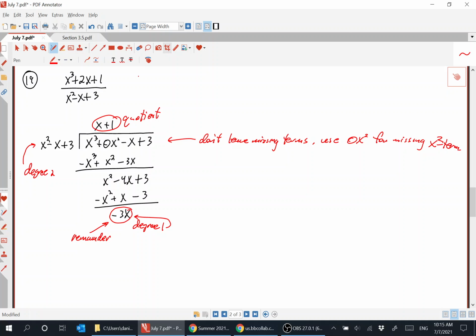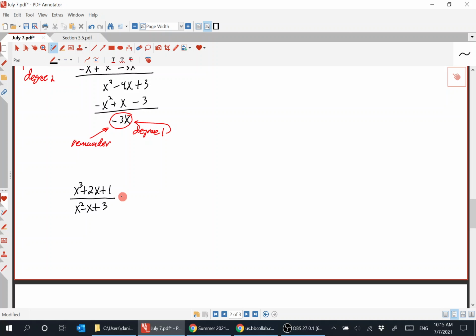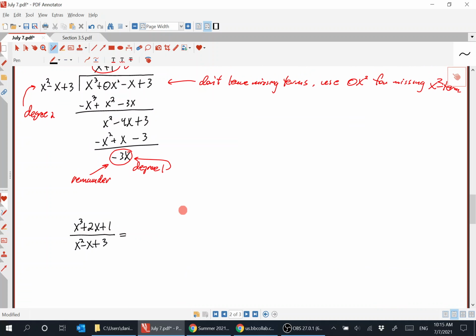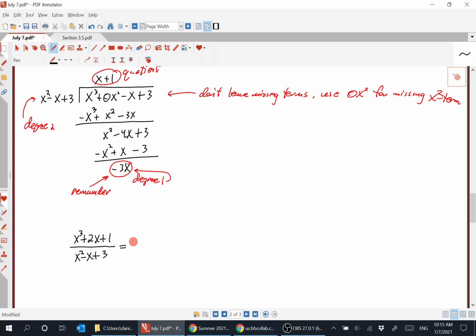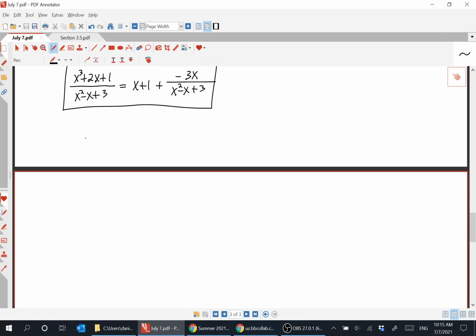So what we get is, as a final answer, this is equal to the quotient, which is x plus 1, plus the remainder over the divisor. Okay, final answer there. So that's number 19.